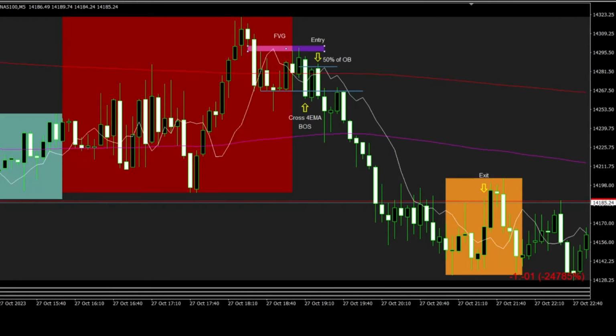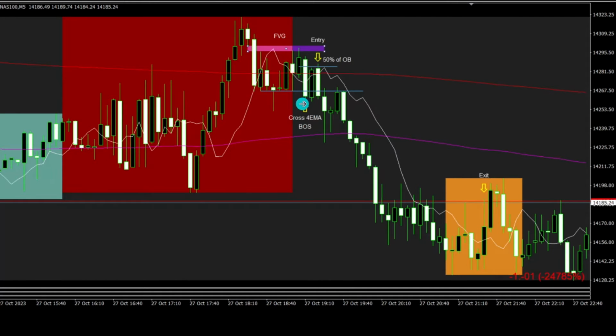Here is another example. Liquidity is taken, a fair value gap is created. This could have been your entry, but then you did not have a break of structure. This is when price crosses below this swing low, and that is a break of structure.